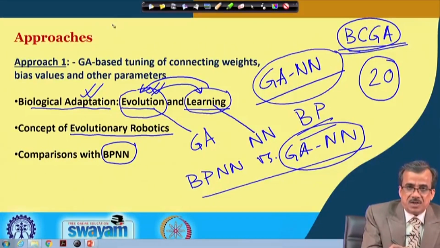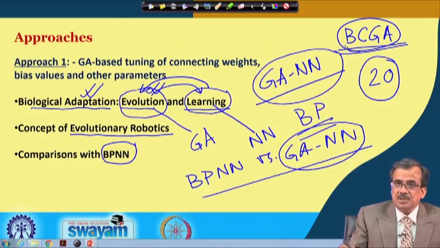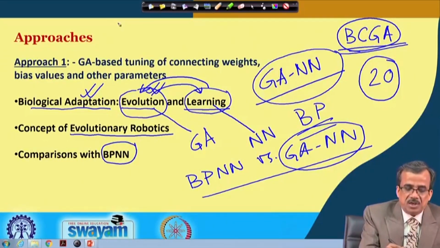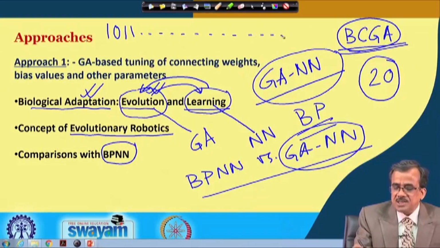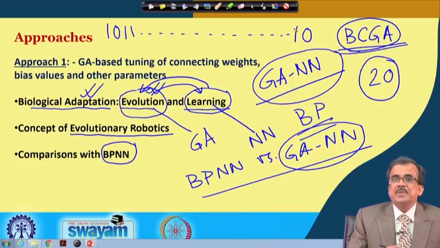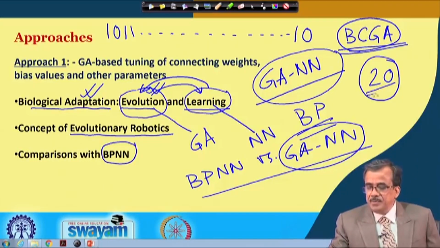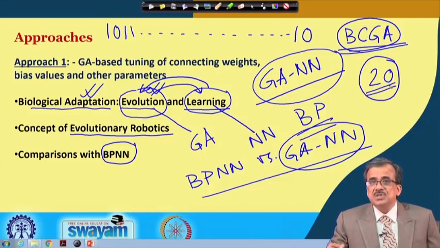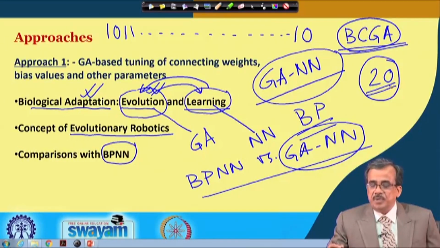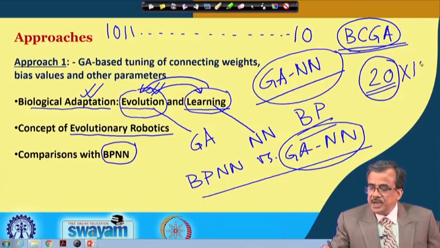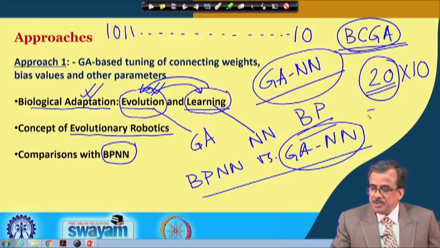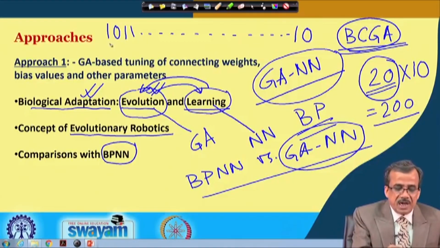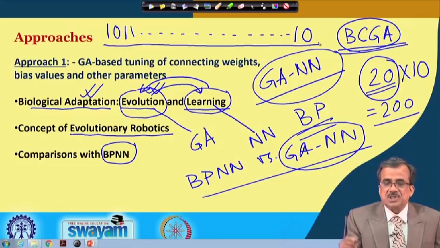If I concentrate on a particular binary coded GA string, it looks like this, say 1 0 1 1 dot dot dot, and the last term might be say 1 0. Now, if there are 20 variables and I use 10 bits for each variable, I will have 20 multiplied by 10, that means 200 bits in one GA string. So, here I have got in fact 200 bits.